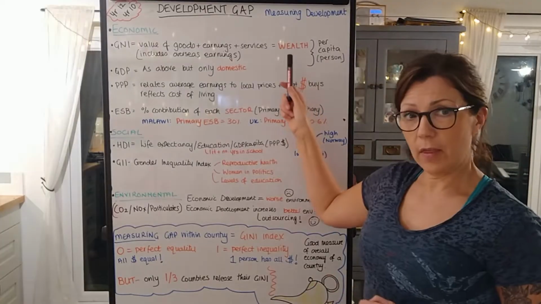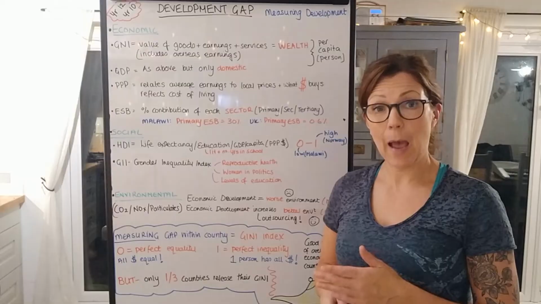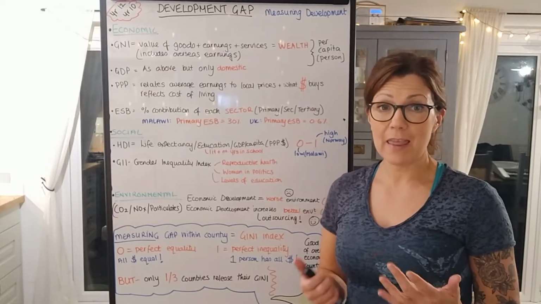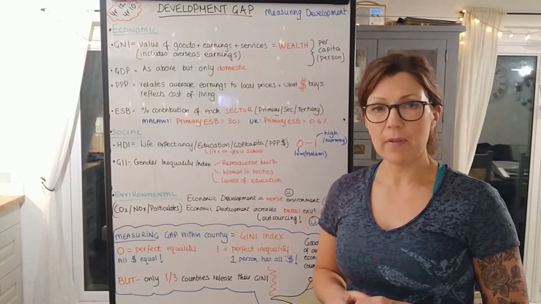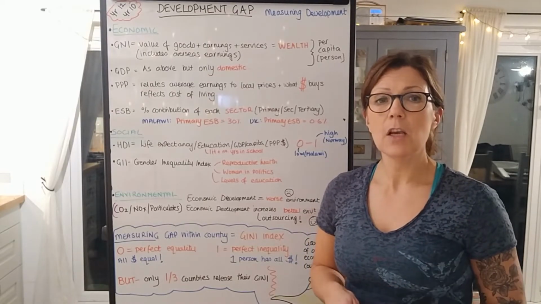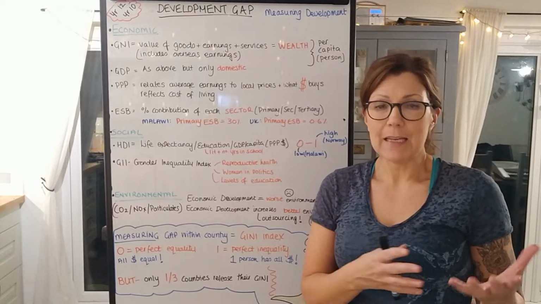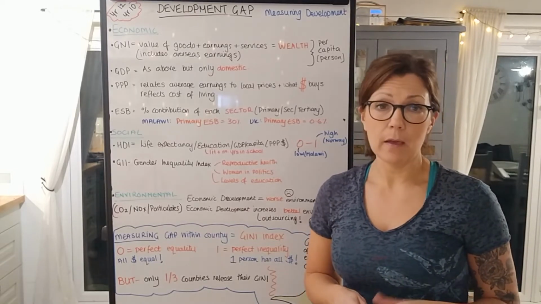So this is the wealth of the country, and often it is measured in GNI per capita, which means that it's divided theoretically by the number of people that live in that country. Now that's important because you might have a country like Canada, which has quite a lot of wealth but doesn't have many people, so theoretically Canada should be quite rich.